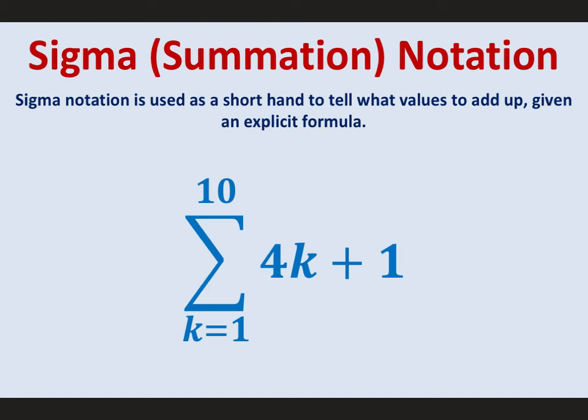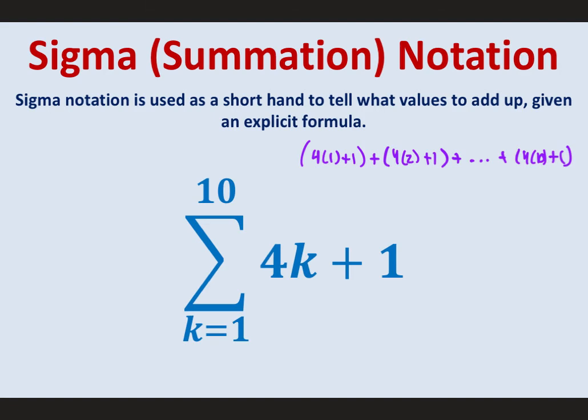That's what sigma notation means. For example, I won't do the whole thing, since it would take too long. You would take 4 times 1 plus 1, that's the first term, and add it to 4 times 2 plus 1, and you'll keep doing that until you get to 4 times 10 plus 1. Sorry, I made a little mistake back there. It's not a plus 2, that's a plus 1.